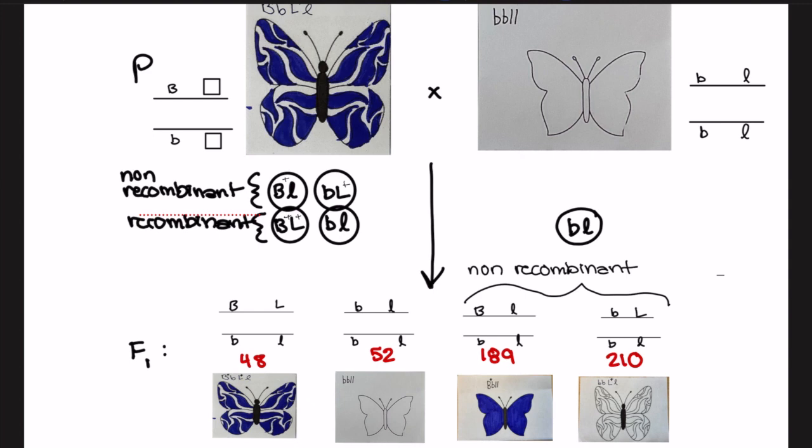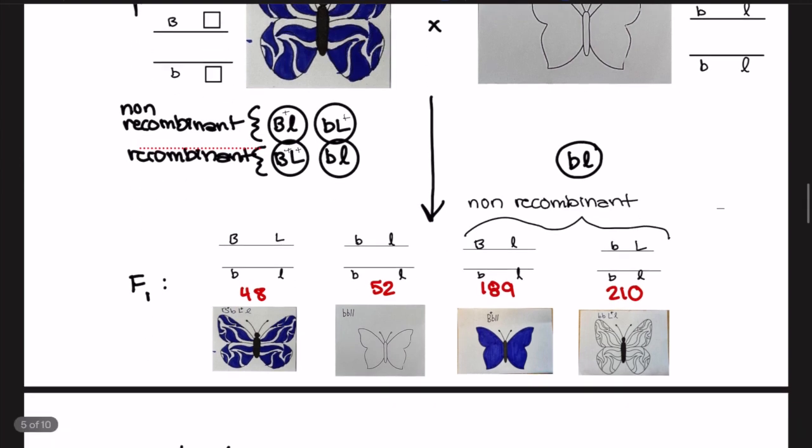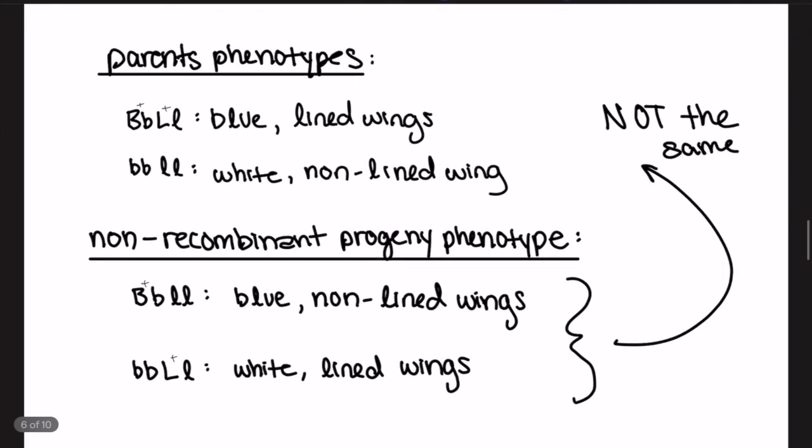To determine if the heterozygous parent's alleles are in cis or trans conformation, we need to identify if the phenotypes of the non-recombinants are the same as either of the parents' phenotypes or if they are different. The phenotypes of the parents are blue with lined wings or white with non-lined wings.